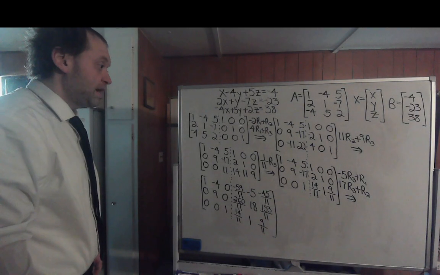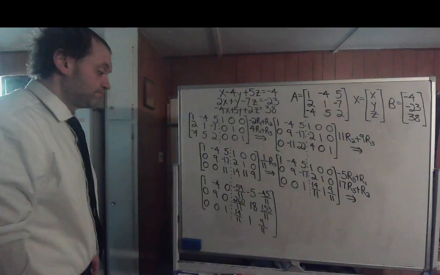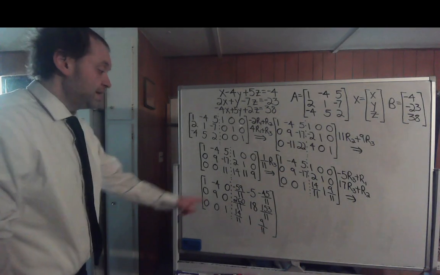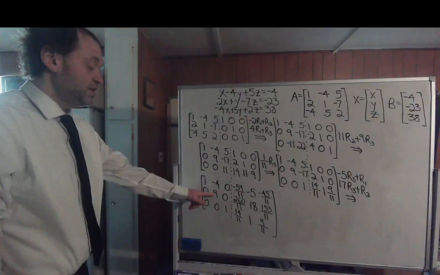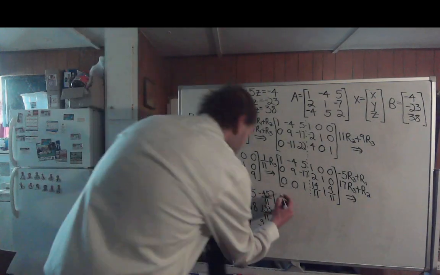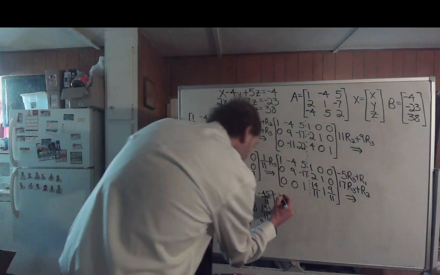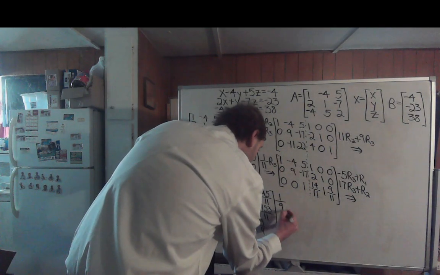Next thing we probably want to do is take 1/9 of row 2 to make the leading digit a 1. So let's take 1/9 of row 2.